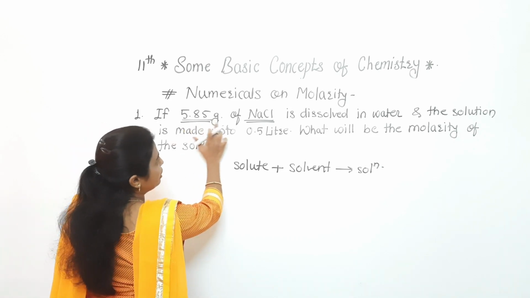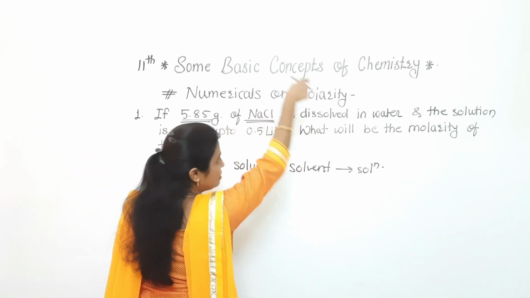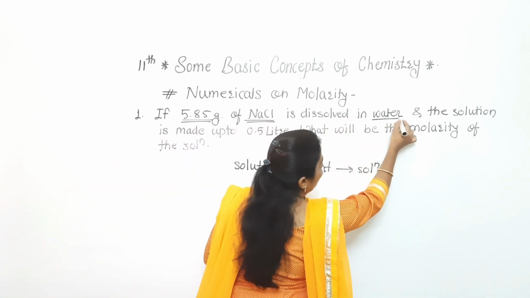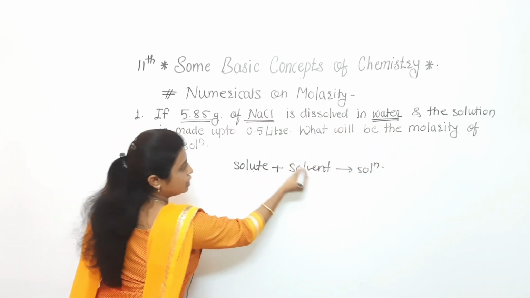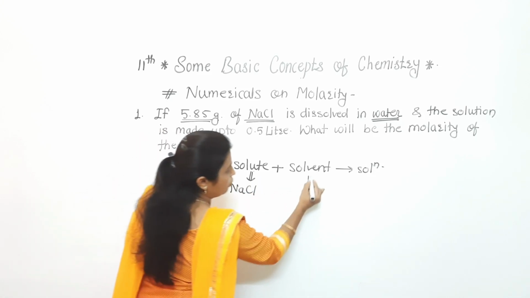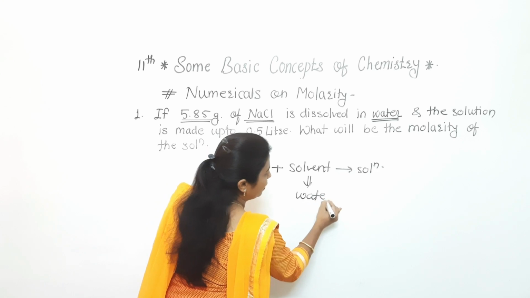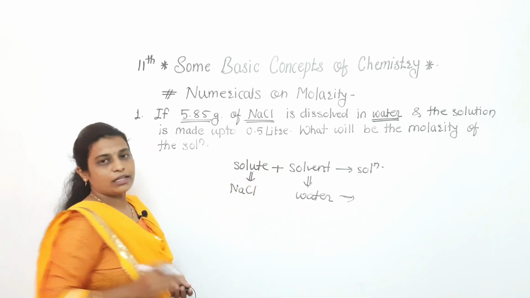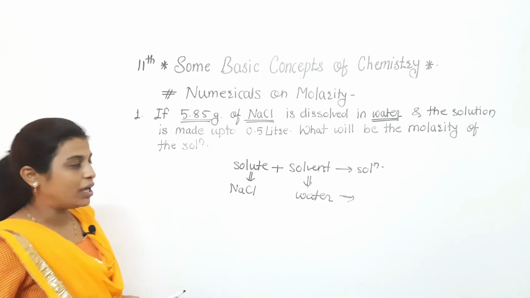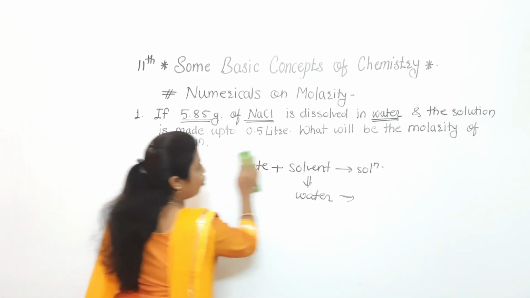Here 5.85 gram of NaCl is dissolved in water. So the solute is NaCl and the solvent is water, and we are getting a solution of NaCl. So 5.85 gram of NaCl is the mass of solute.